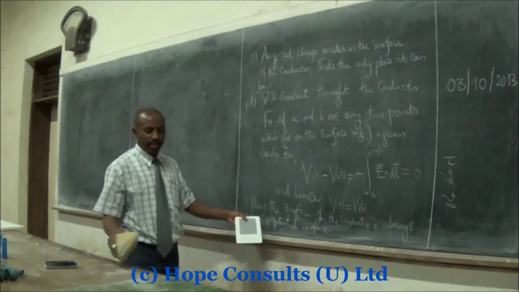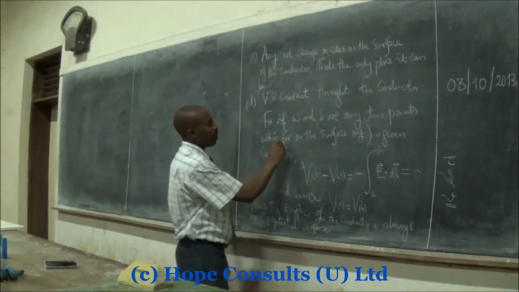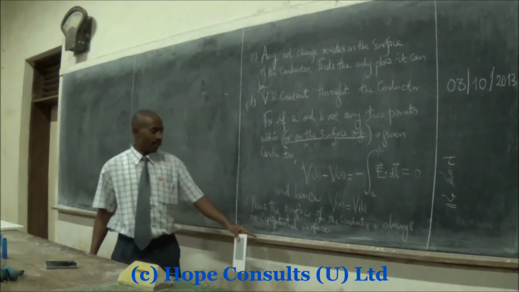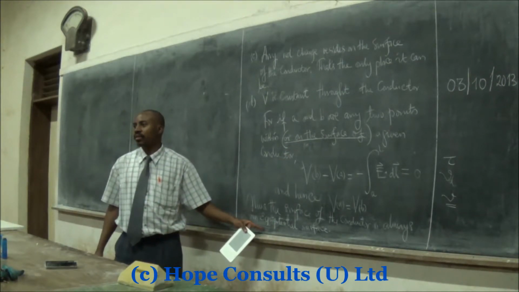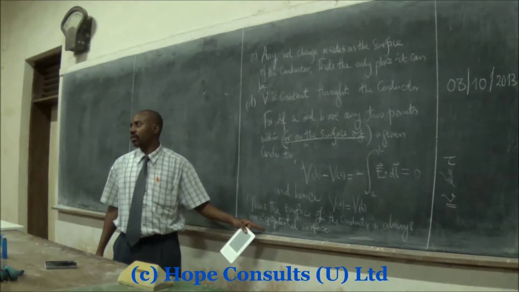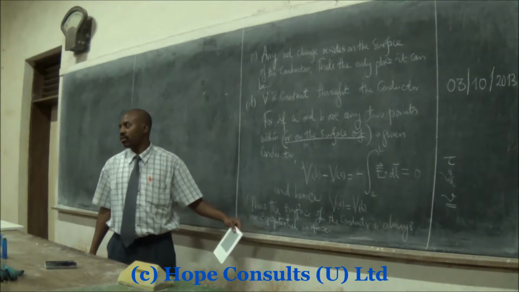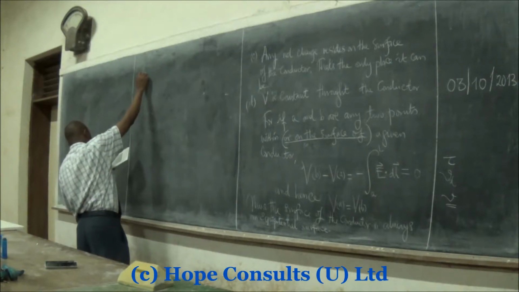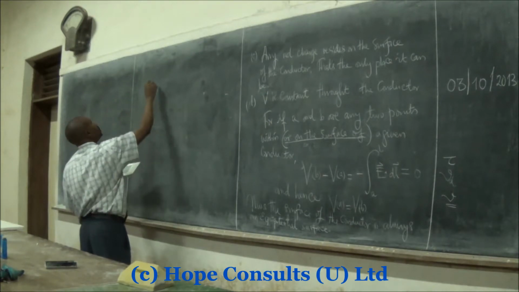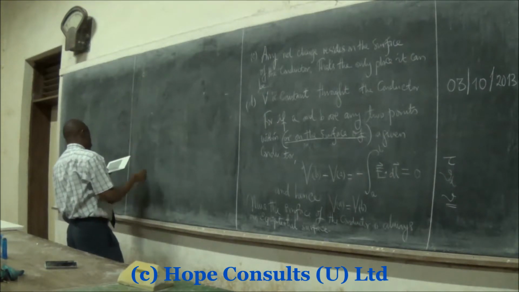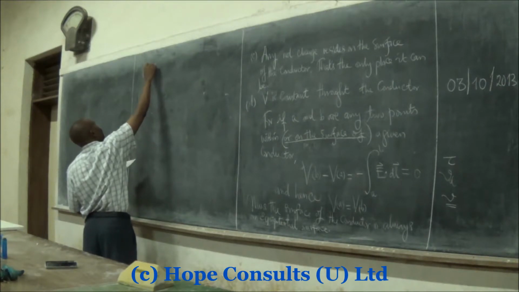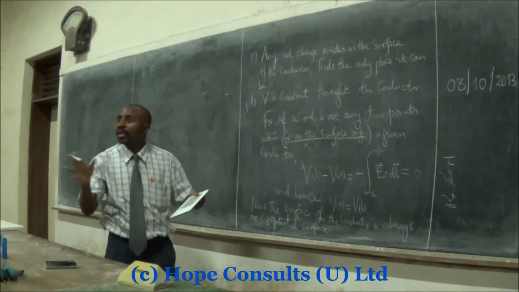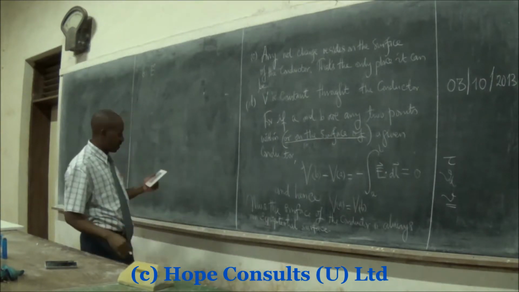The reason behind this is that if A and B are on the surface, that's why we say that the surface of the conductor is an equipotential surface. Then the other one, which was E: the electric field intensity will always be perpendicular to the surface.